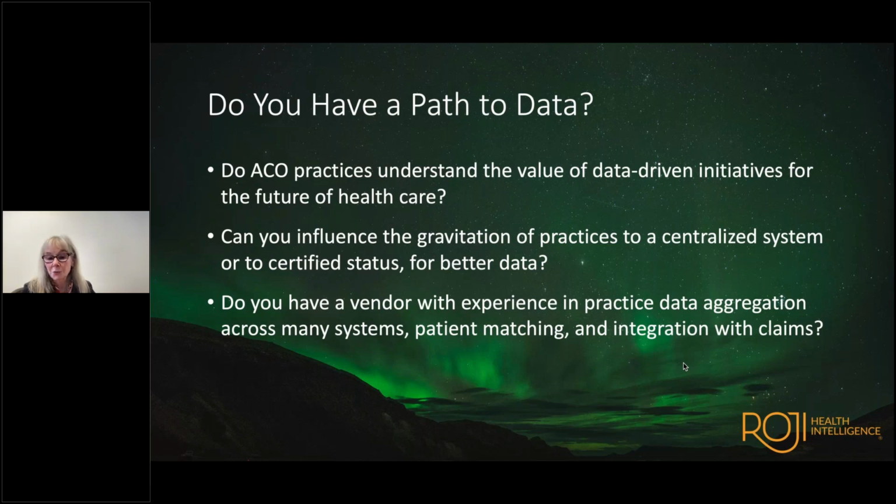Do you have a vendor with experience in practice data aggregation across many systems, patient matching, integration with claims data? It's a must if you're going to be using data for anything else besides APP reporting. And for that, even for APP reporting, you will need a vendor with these capabilities.